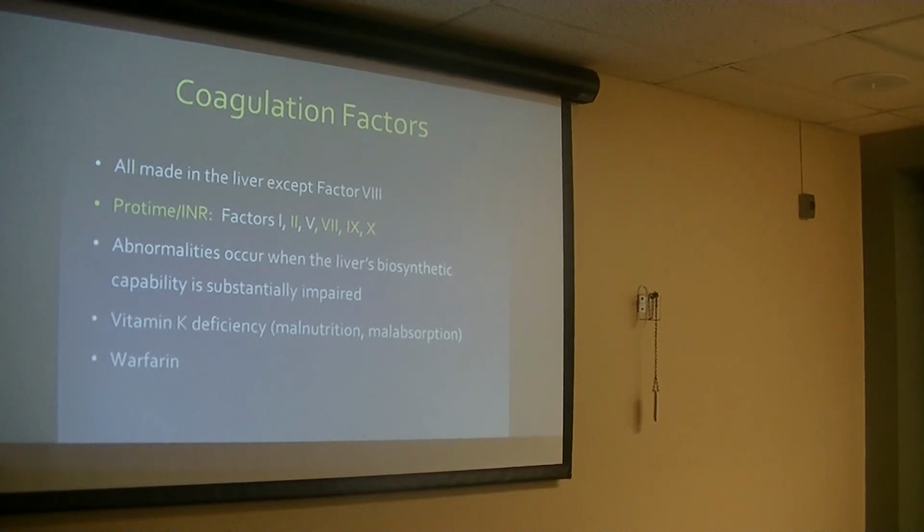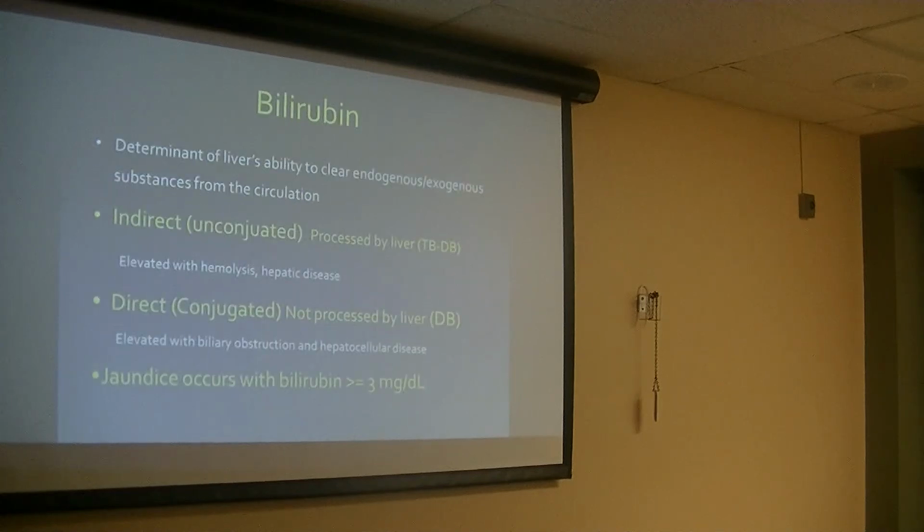So when the liver's synthetic capability becomes impaired due to alcohol damaging the hepatocytes, it can't make these factors and your blood becomes thin. There's also probably a component of vitamin K deficiency, in addition to that, merely on the basis of malabsorption and malnutrition, because vitamin K is produced by bacteria in your gut. And alcoholics just drink, and they get all the calories.